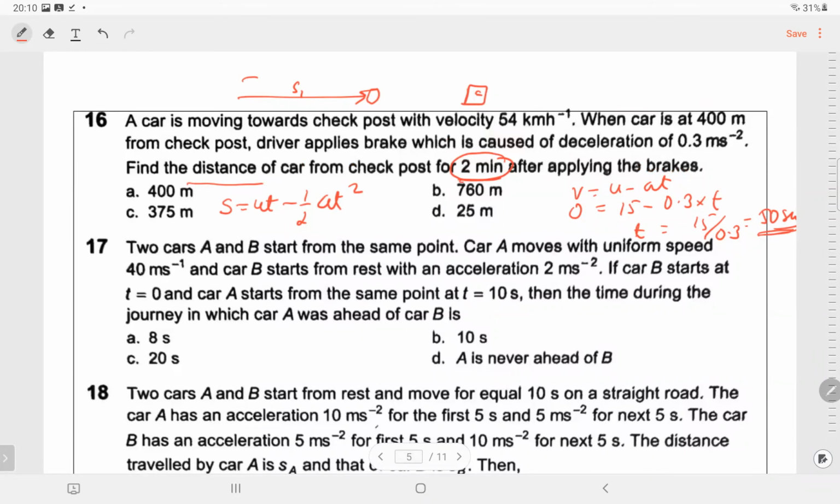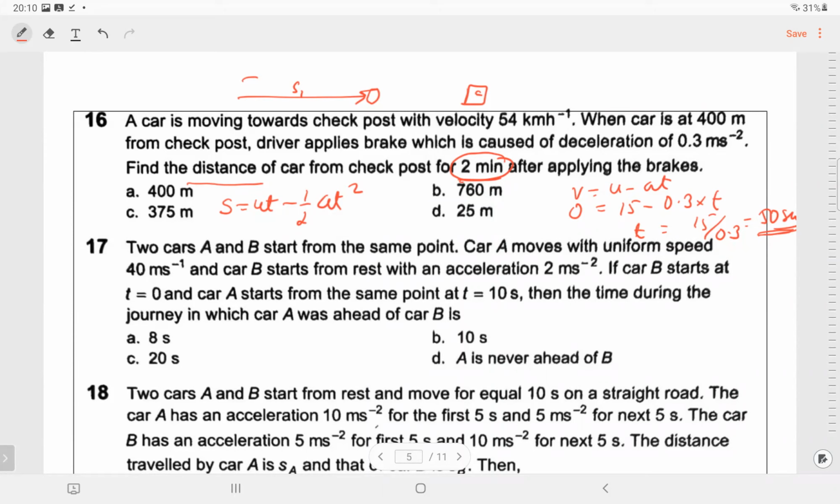Yes, please get the answer. So 375. What is the answer? C. What is the total distance covered in 50 seconds?